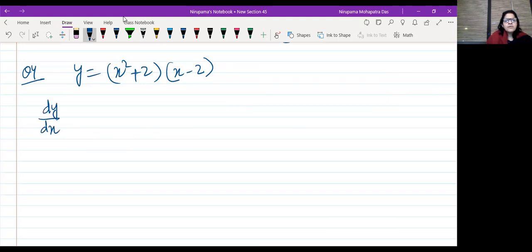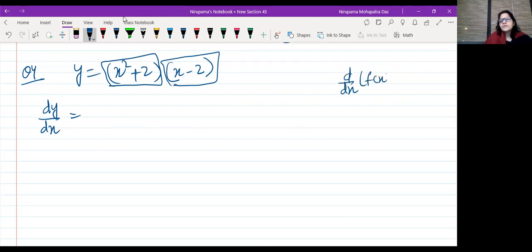dy by dx, if you consider this as the first function and this as the second function. Just to remind you, d by dx of f(x) into g(x) is equal to f dash x into g(x) plus g dash x into f(x).